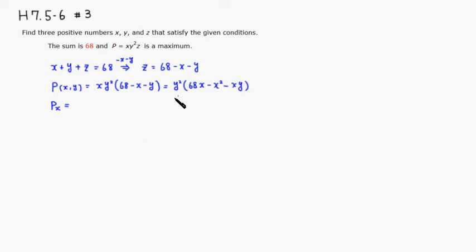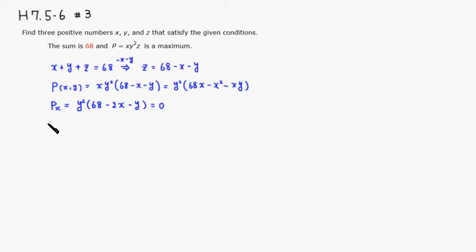So the partial with respect to x: y squared is a constant, so put that in front. The partial of 68x with respect to x would be 68. The partial of negative x squared with respect to x would be negative 2x. The partial of negative xy with respect to x would be negative y. So we're going to set that equal to 0.